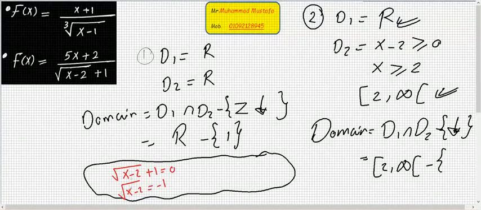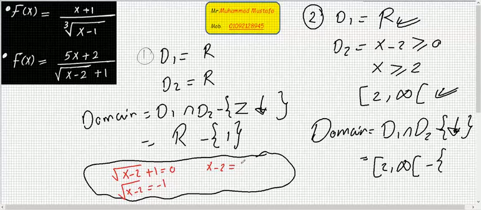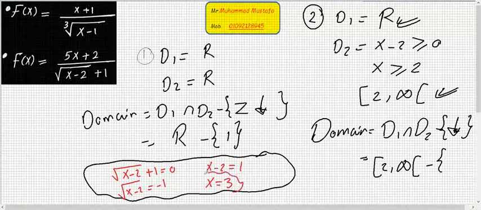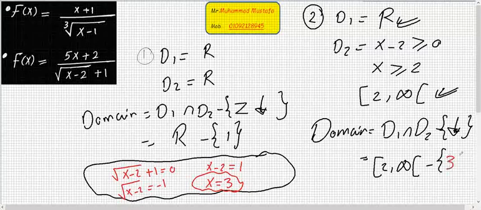To cancel the square root, we make power 2 for both sides: x minus 2 equals negative 1 power 2, which equals 1. x equals 1 plus 2 equals 3. Then the denominator equals 0 at x equals 3. Domain from 2 to infinity, difference 3.